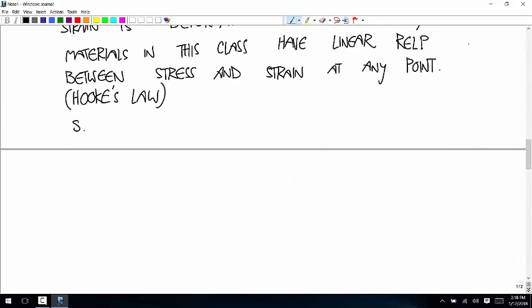So with springs, Hooke's law looks like the force is equal to kx, and then the sign depends on what you're isolating and whatever.